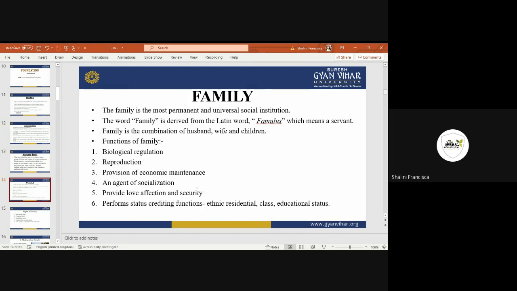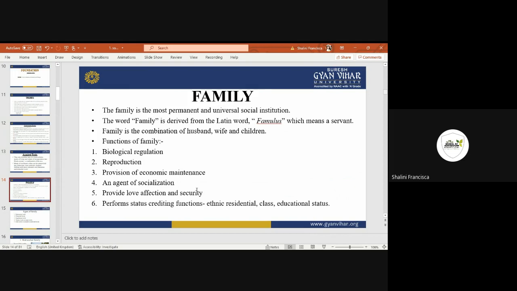The word family is derived from the Latin word familia, which means a servant. Here, servant does not mean that one person is ruling and the other is only commanding. It's a give and take process, and everybody in the family is a servant of each other. Everybody is boss also, everybody is servant also.